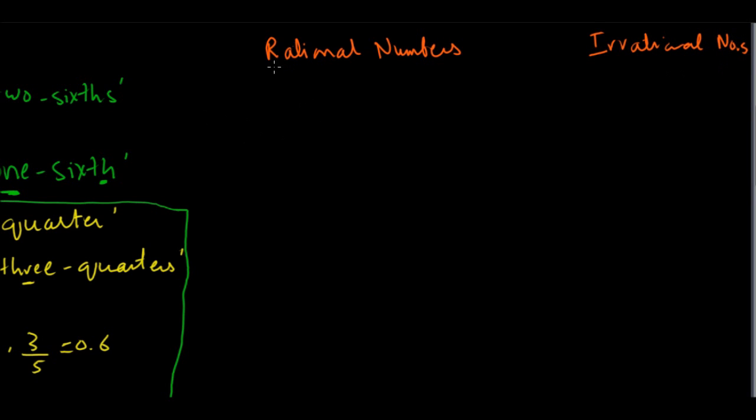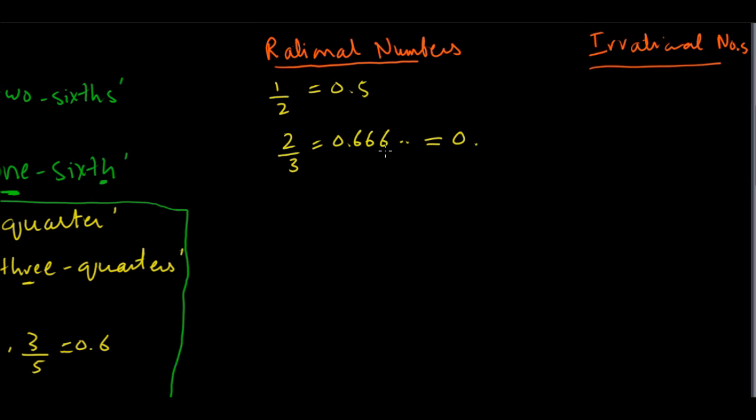So the fractions that we looked at till this point, let's look at them again. Let's take your 1/2, which was 0.5, right? Let's take your 2/3, which was 0.666, which actually can be represented, since 6 repeats for infinity, by just writing 0.6 with this bar at the top.